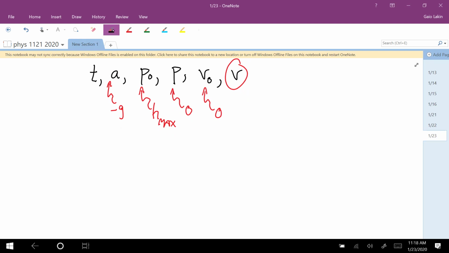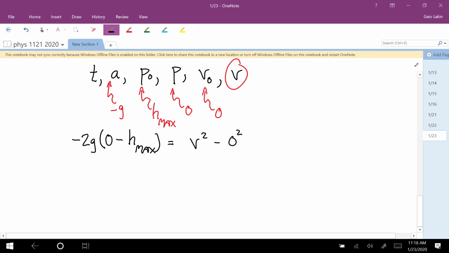All right, so we're going to use the same equation again, and we get negative 2g times the quantity 0 minus h max is equal to v squared minus 0 squared. And so you get that v squared is equal to, those two negatives cancel when you distribute it through, 2g h max.